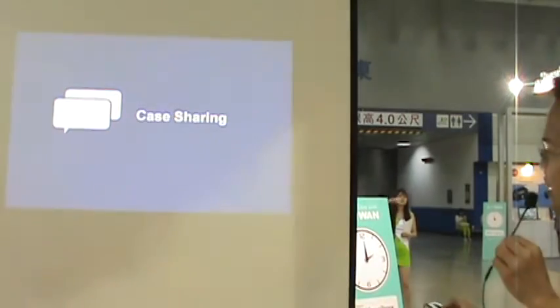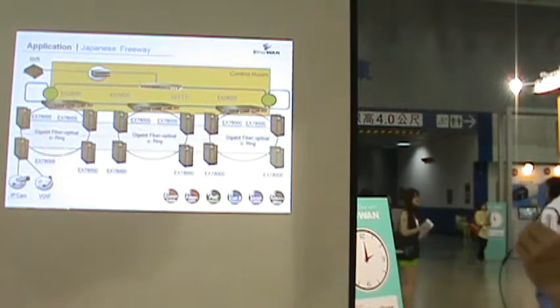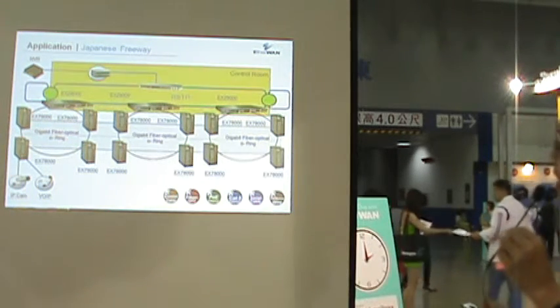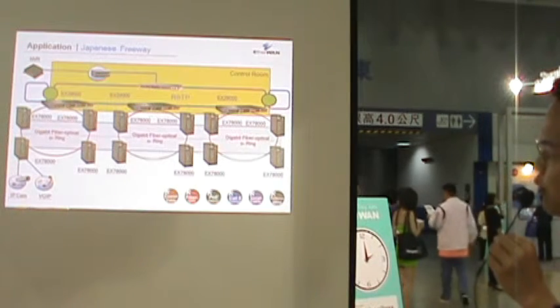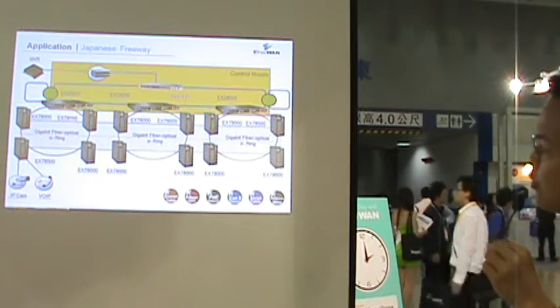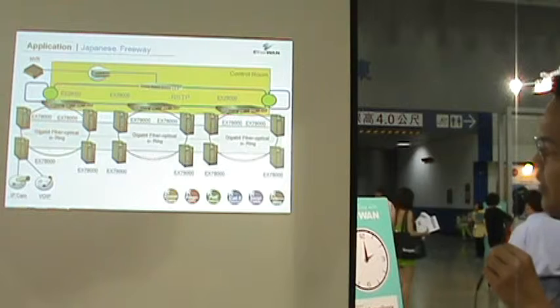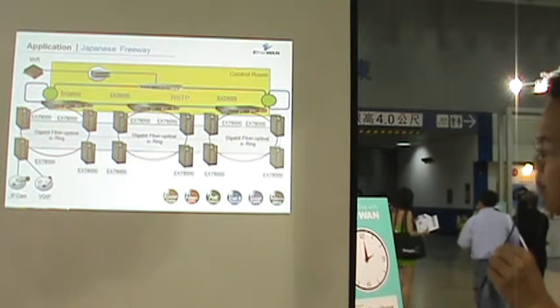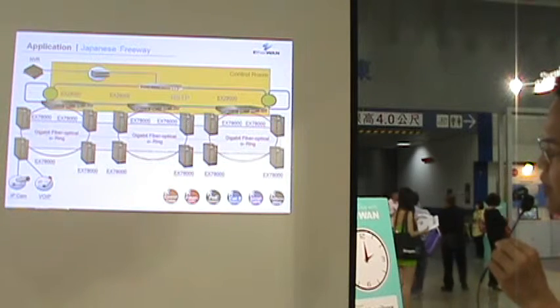Here are our case studies. In this application, we have a Japanese freeway. Each booth has a roadside telephone service, an emergency service, and the booths are spaced 1 kilometer apart in this direction.